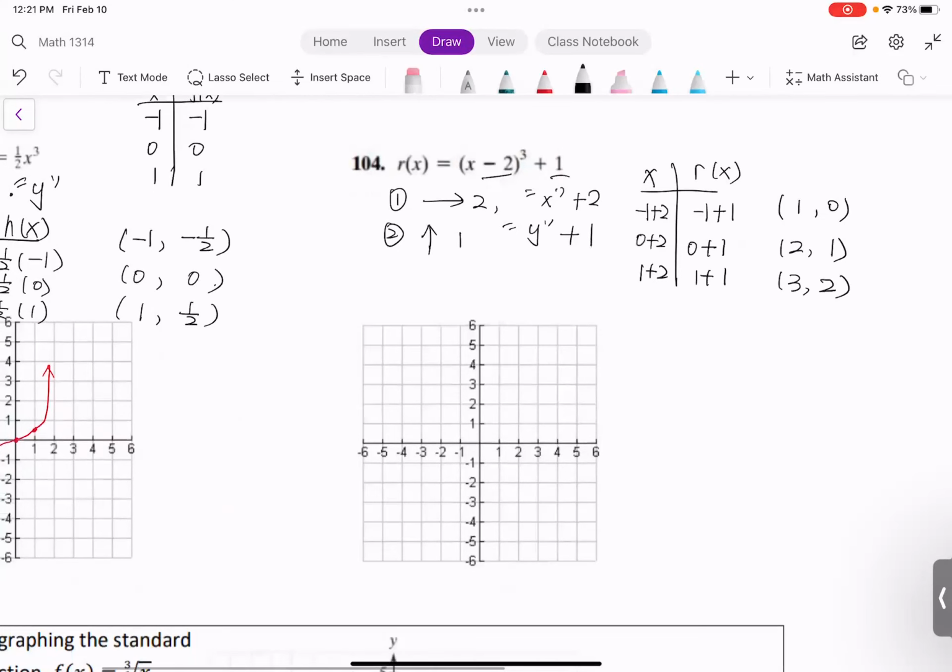And let's plot the points here. 1, 0 here. 2, 1 here. 3, 2 is here. So we line them up with a smooth curve. Okay, this is the graph.